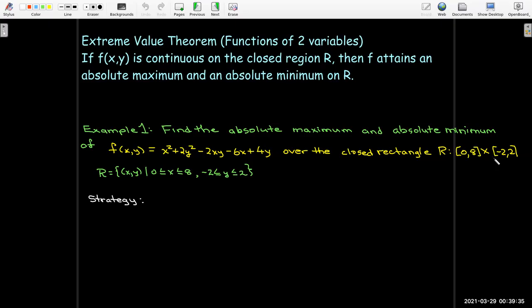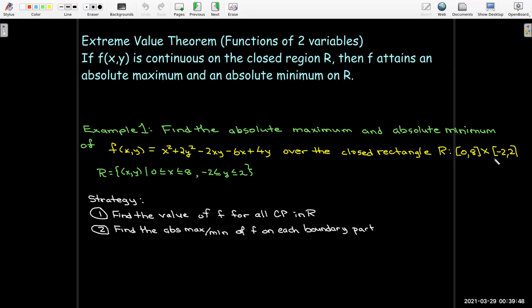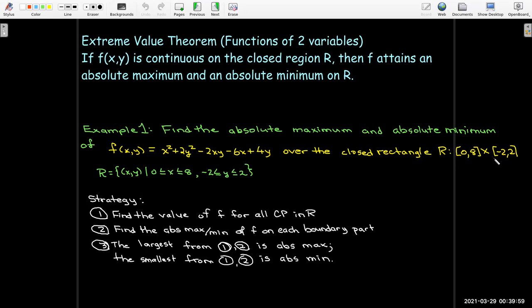So what's our strategy? Well, just like we did with functions of a single variable, we're going to find the value of f for all the critical points in the region. And then we're going to find the absolute max and min of f on each boundary part. And then we'll choose the largest as our absolute max and the smallest as our absolute min.